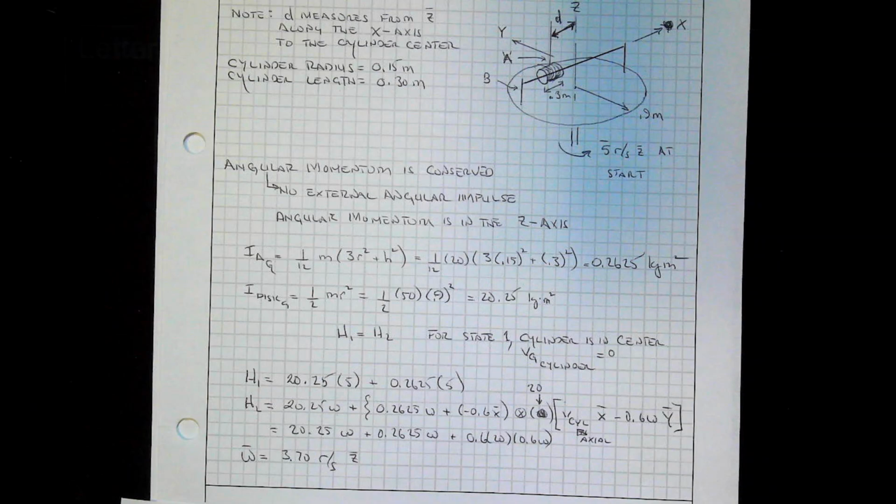And then we have 1/2 mass times whatever the velocity is along the axis of the rod. So 0.6 omega is a velocity in the y direction, so that's y squared, and axial is x squared.